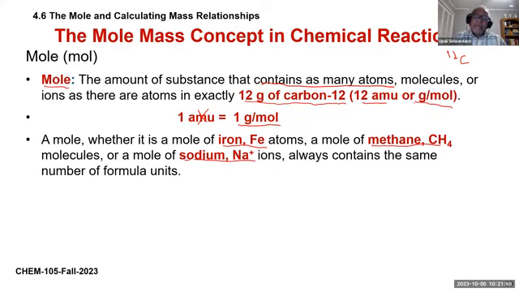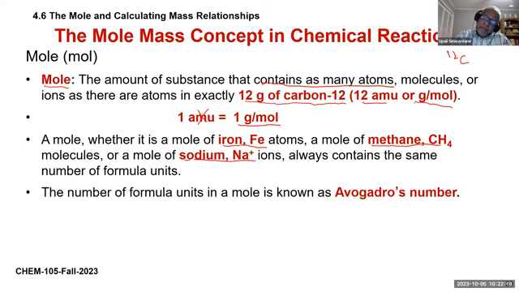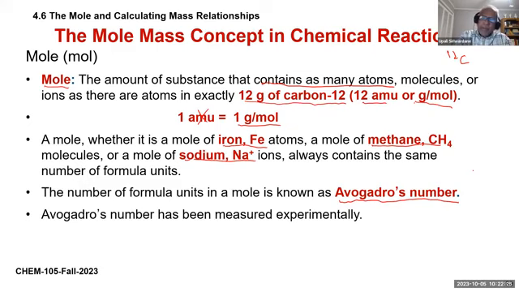In 1 mole of iron, there are the same number of iron atoms as methane molecules in 1 mole of methane, and the same number of sodium ions. Therefore, 1 mole of anything has the same number. This number is called Avogadro's number. Avogadro's number is experimentally determined.